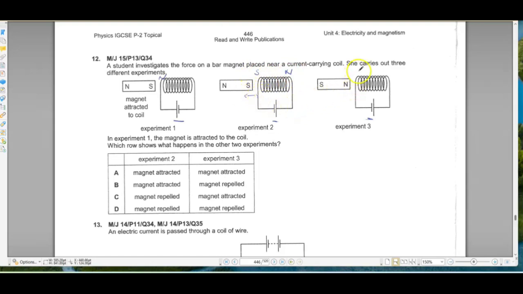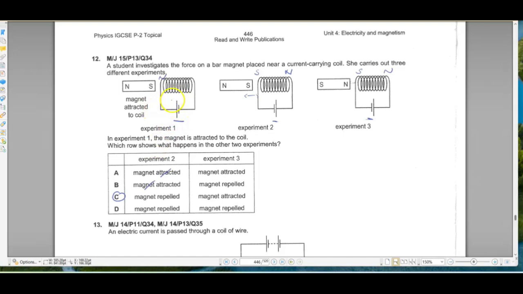And over here, if this is south and this is south and this is north, it's going to be attraction. For question 12, we would look for an answer where it should be repulsion in experiment 2, and in experiment 3 there should be attraction. So C is the correct option.